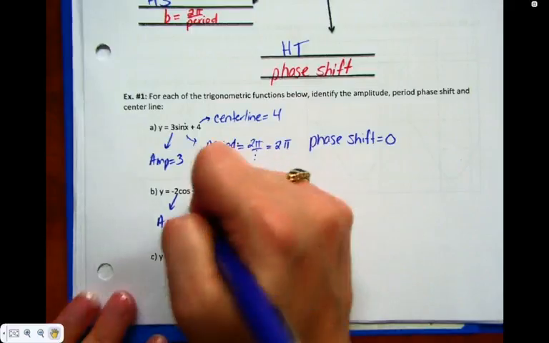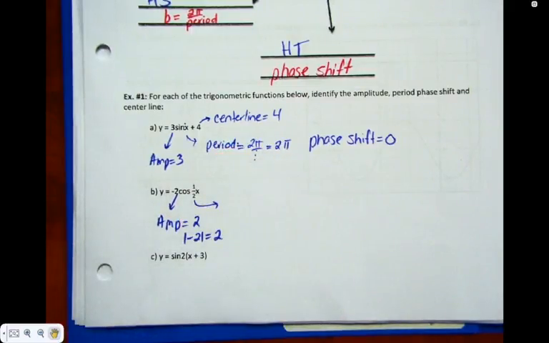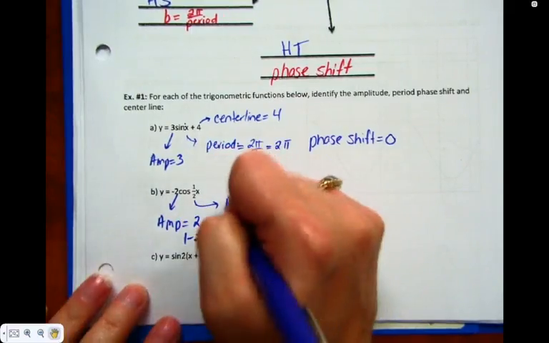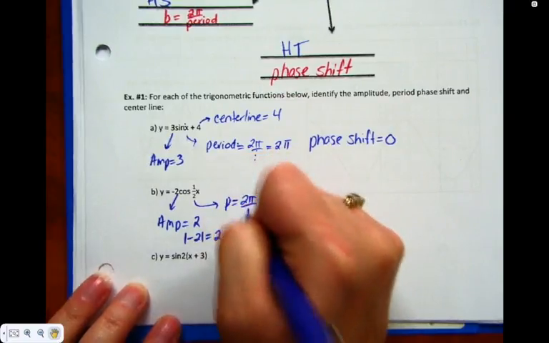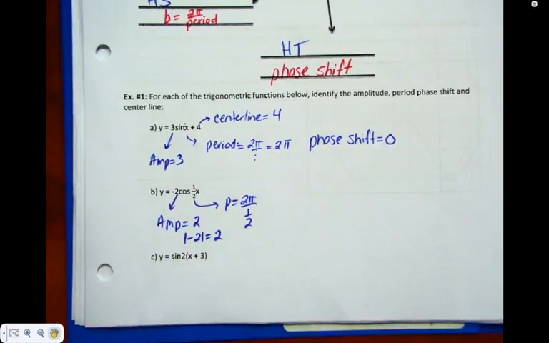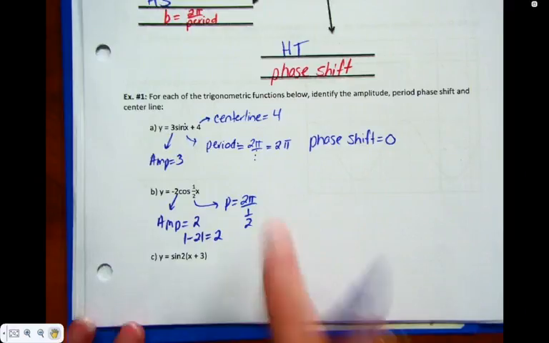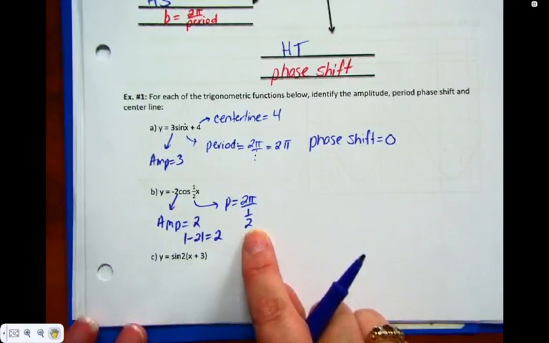The period comes from the value that's tucked in between the cos or sine and the x, and the period is 2 pi divided by that value. So we're going to do 2 pi divided by 1/2. How do we divide fractions? We take the bottom number and flip it.